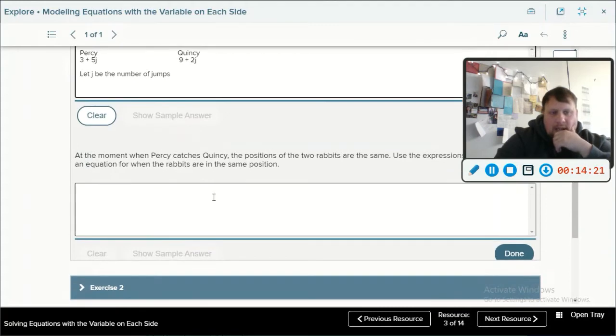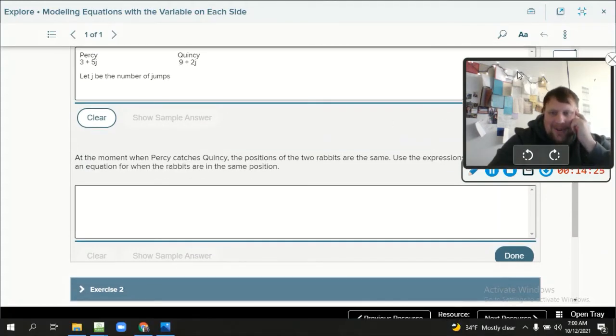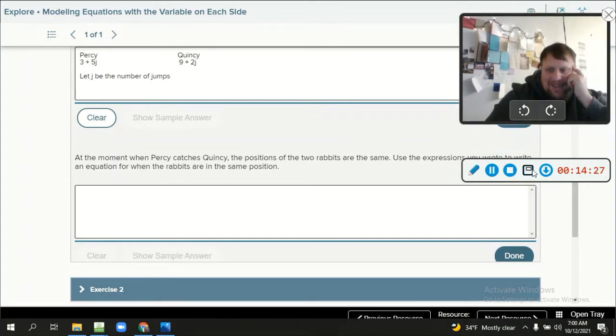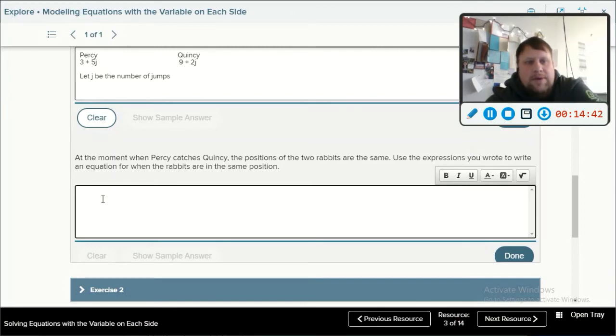And it says, at the moment when Percy catches Quincy, the position of the 2 rabbits are the same. Use the expressions you wrote to write an equation for when the rabbits are in the same position. Well, what we do is we just set these equal to each other. When they equal each other, we know they're at the same exact position.